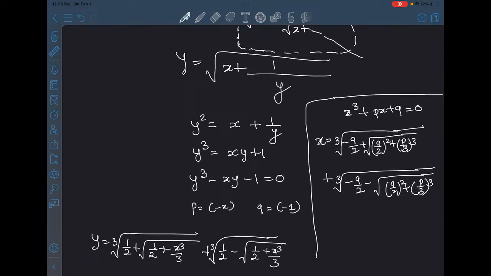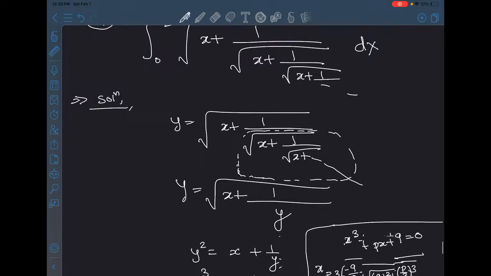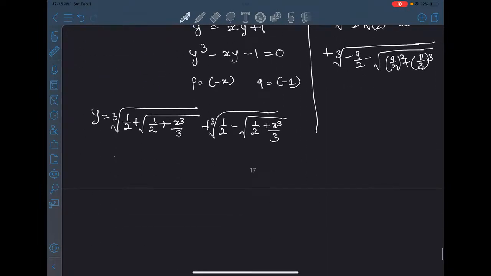Can I do this? The root of x divided. I think this is similar. Yes, I know this is the same, right? And now I just need to integrate this expression from 0 to 7 over 2.